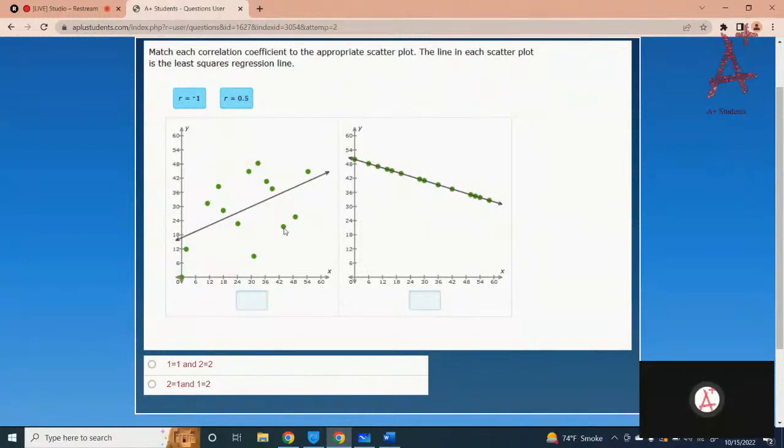Okay, so for the second one, x values are increasing but y values are decreasing in the second graph. But for the first one, you have no trend. So it would be the second graph for the negative coefficient and the first graph for the other. Got it?